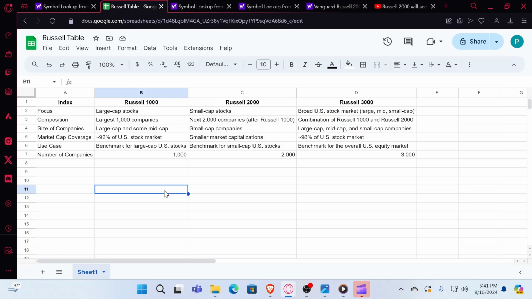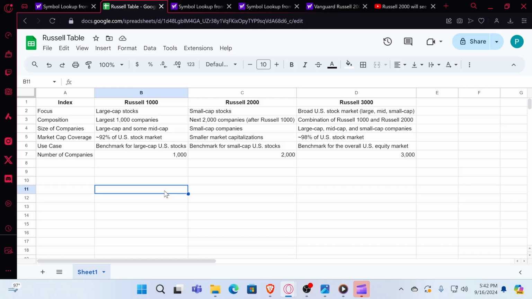And we'll start with the Russell 1000, which is more similar to the S&P 500, except it's 1,000 companies. But it's a large cap index, 1,000 of the largest companies. There's some mid caps in there. You can see the market cap coverage is about 92% of the total US stock market.